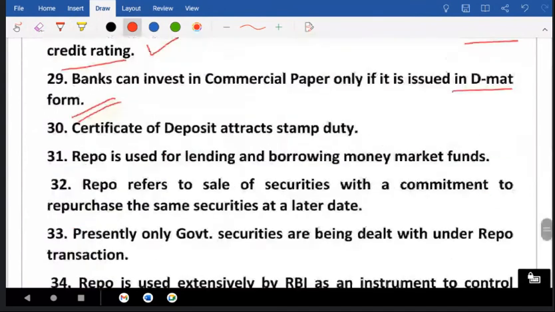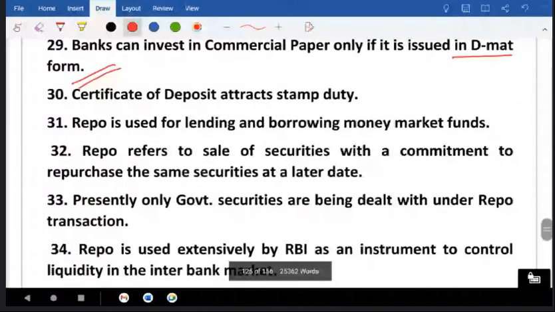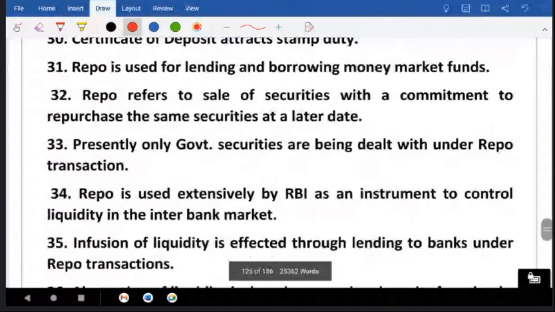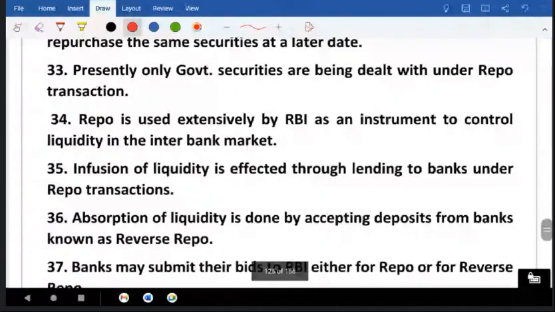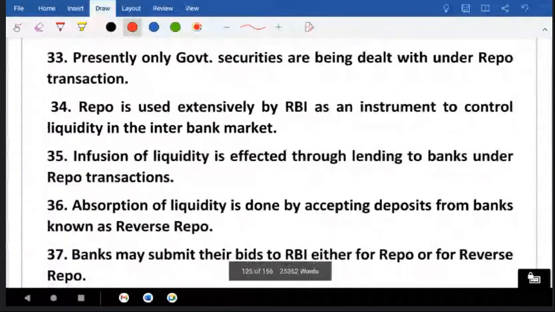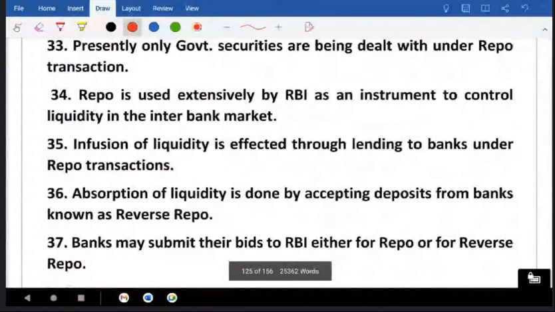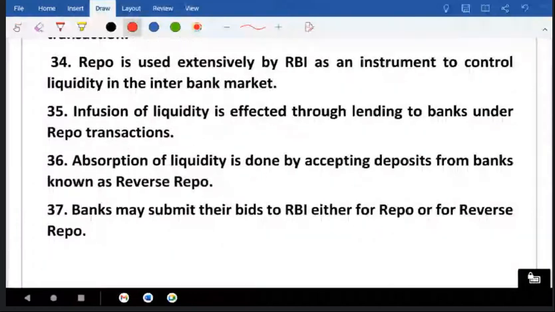Okay. And repo is used for lending and borrowing in the money market. Now, a very important point. Presently, only government securities are being dealt with under repo transactions. And repo is also used extensively by RBI as an instrument to control the liquidity in the interbank market. You might have seen the repo rate being changed, the reverse repo rate being changed.